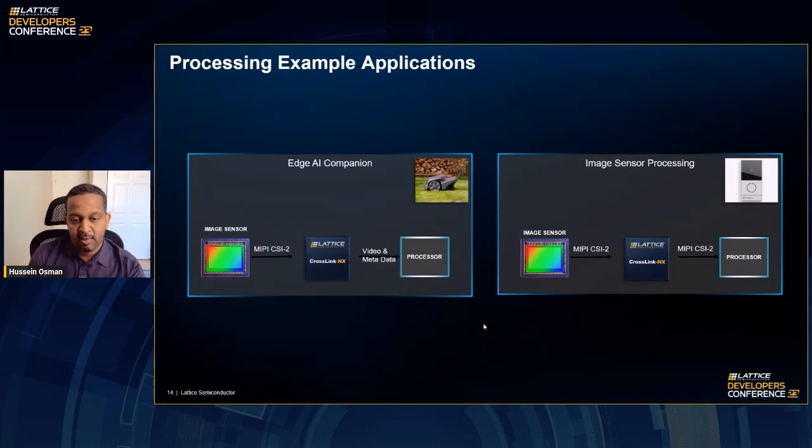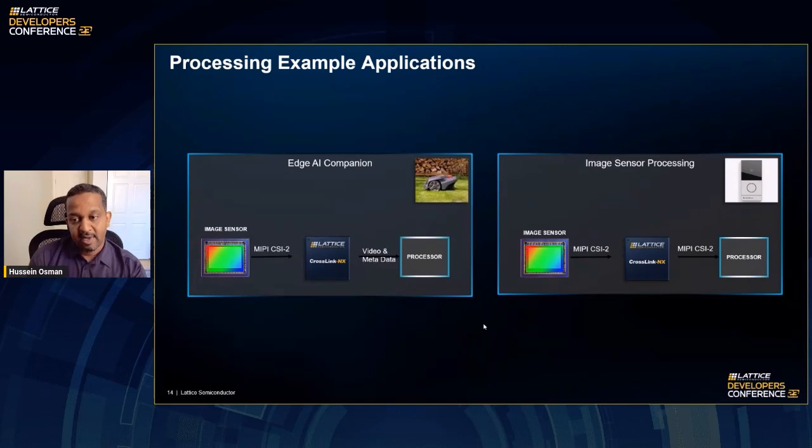So in this example, if you have a robot that's battery powered, running on the edge, and wants to collect information about who's in front of it and not hit somebody, and track any objects on the ground, an FPGA such as the Crosslink NX is able to interface to an image sensor, implement an AI pipeline, and implement an ISP as well, and feed the processor the video and some metadata on top of that.